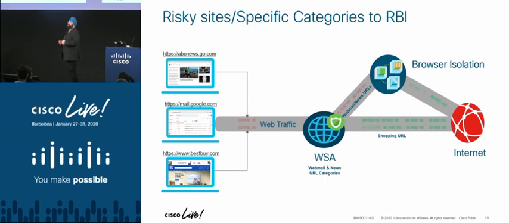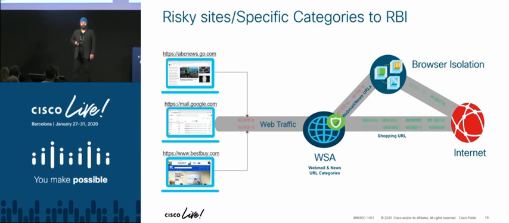Or, for example, Gmail. As we all use our personal mail account, I want to defend that account from malware. If it is zero-day malware, that again goes through the browser isolation. The other URL categories can go directly to the internet using the proxy itself. So you can have selective categories which go through the browser isolation.